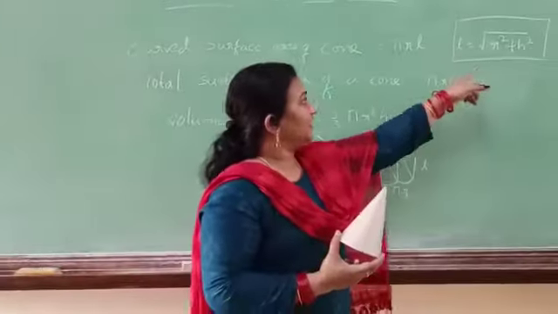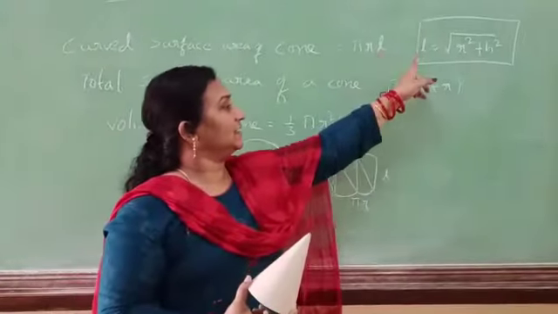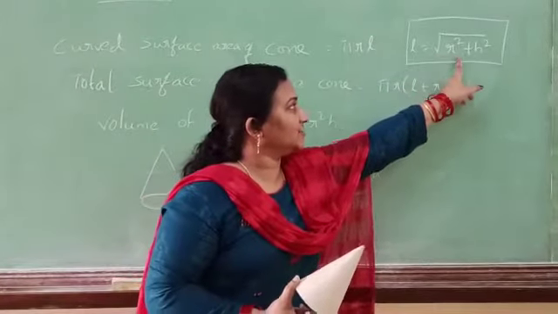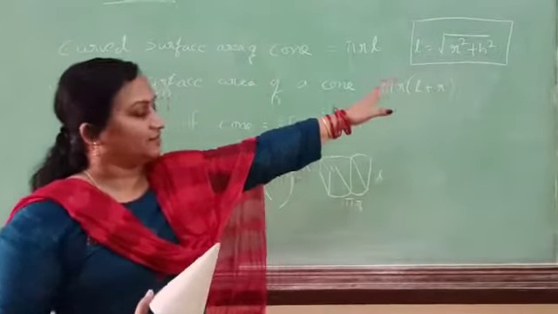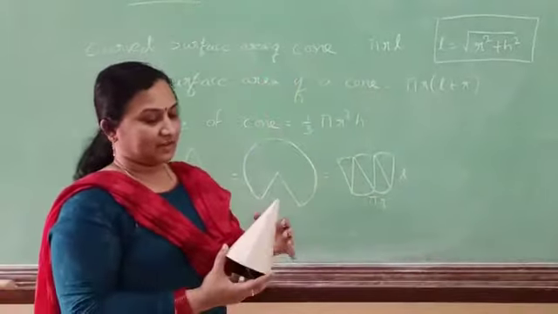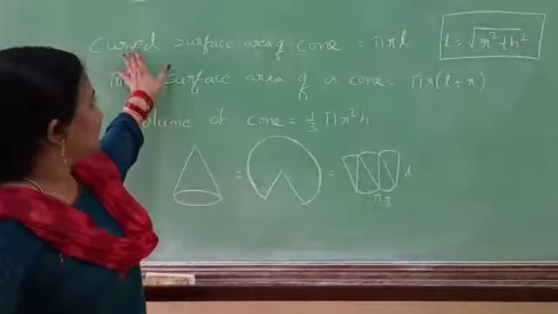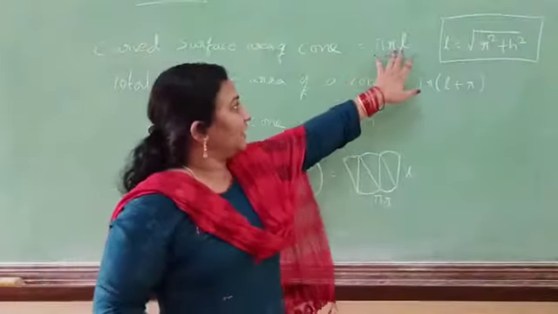L is equal to root over r square plus h square, which we get using the Pythagoras theorem. So that is the curved surface area of the cone, which is equal to pi r L.